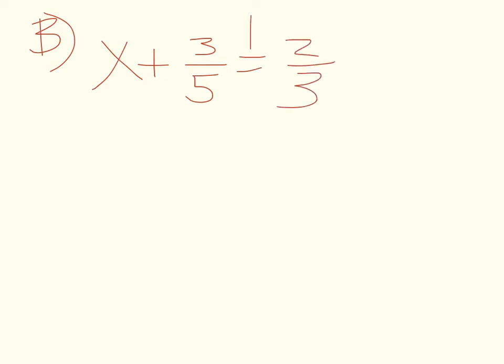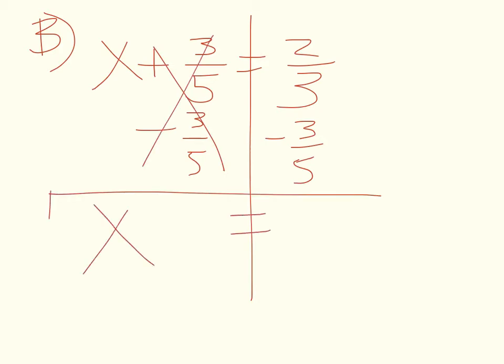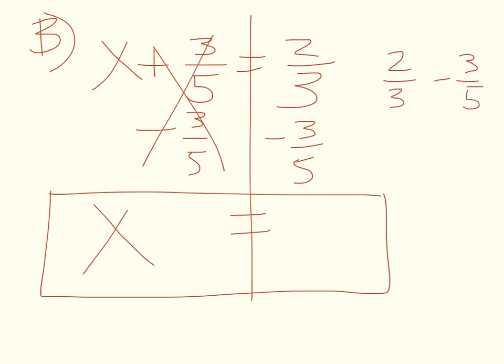Example B says solve x plus 3/5 equals 2/3. So to solve this, draw a line, do the opposite. So we're subtracting 3/5, it cancels out, so x drops down and it equals whatever we get from this subtraction. But the problem with this is we do not have common denominators.